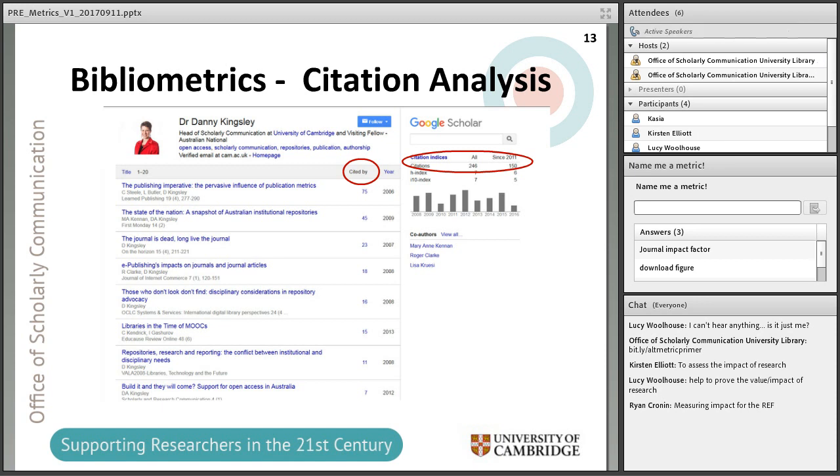Web of Science will look at all my citations within the journal indexes in Web of Science, whereas Google Scholar just trawls the entire internet looking for citations of your work. So Google Scholar will pick up citations in things like master's and PhD theses that are shared online, or in book chapters, whereas Scopus and Web of Science won't. So there are differences in numbers. And so if you're using citation analysis, it's really important to make it clear where you're getting those numbers from.